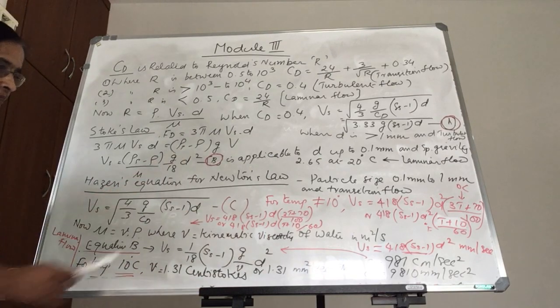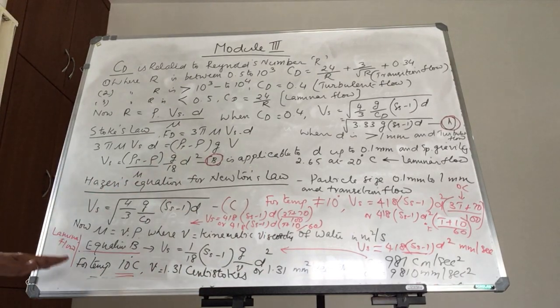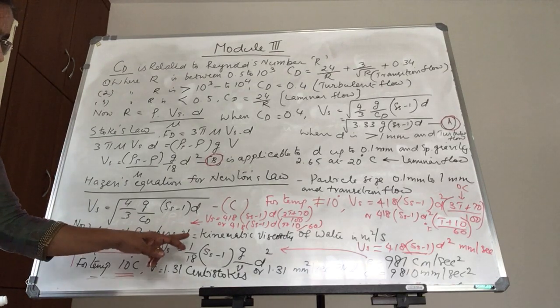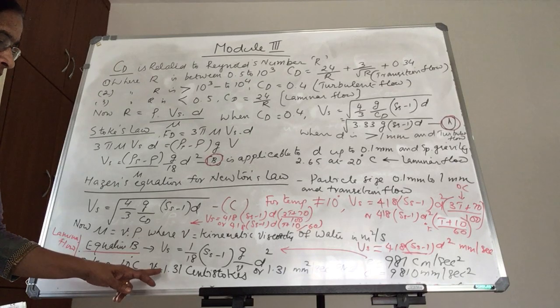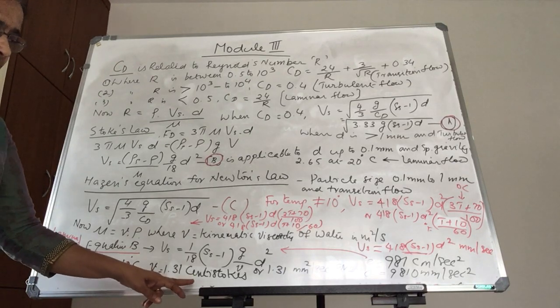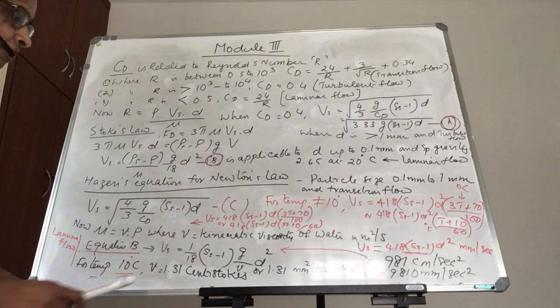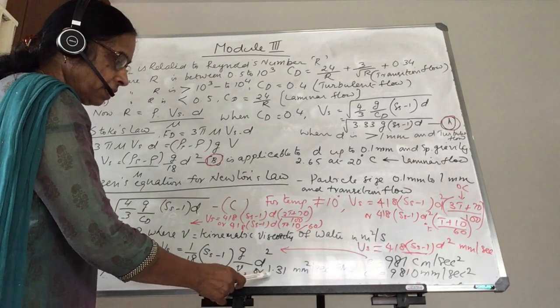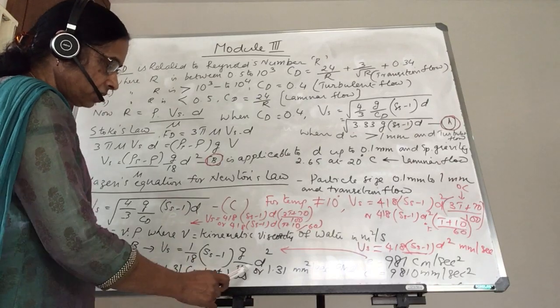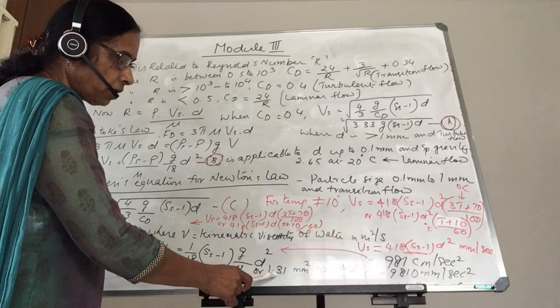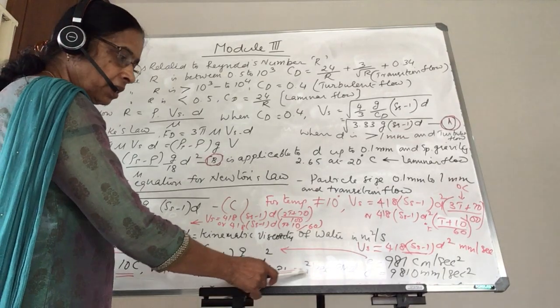Now in this particular equation, the kinematic viscosity of water nu is 1.31 centistokes at 10 degrees centigrade, that means the temperature of water is 10 degrees centigrade. Centistokes is nothing but 1.31 mm squared per second.